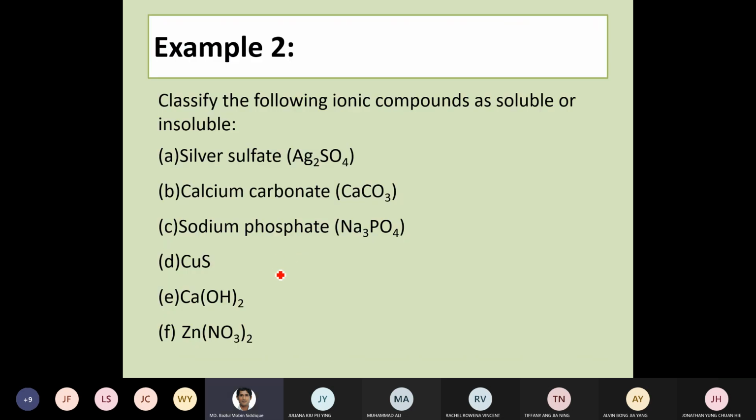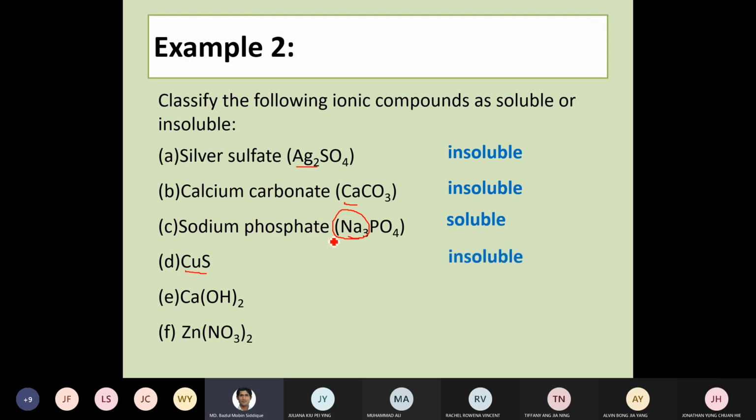So silver sulfate is insoluble because there is silver. Calcium carbonate is insoluble because this is a carbonate of calcium, right? This is an exception in the previous table. Sodium phosphate is soluble because it is a phosphate of sodium, so it is soluble always.